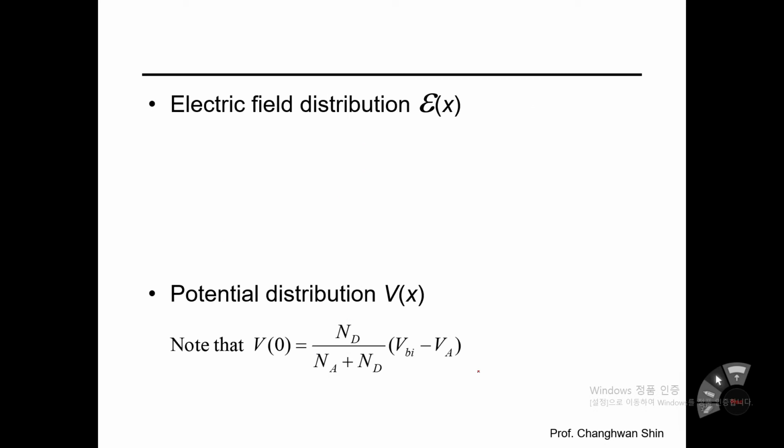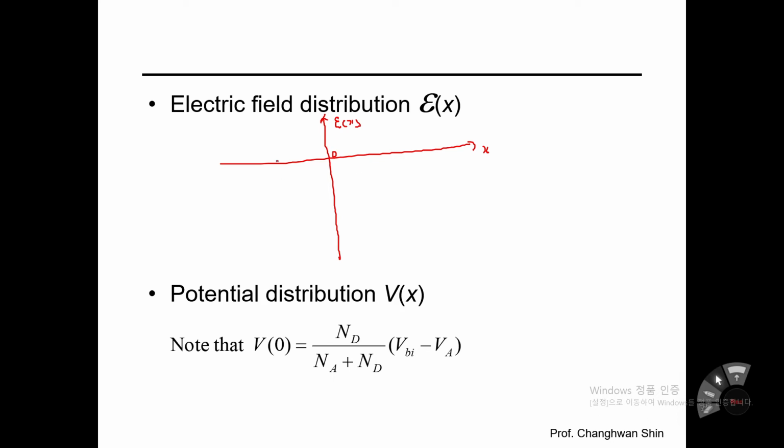All right. Now let's move on to the electric field distribution, denoted as E sub x, E of x. So let me write down how the electric field is distributed across the PN diode. Definitely the origin point indicates the physical or metallurgical junction between the P side and the N side.